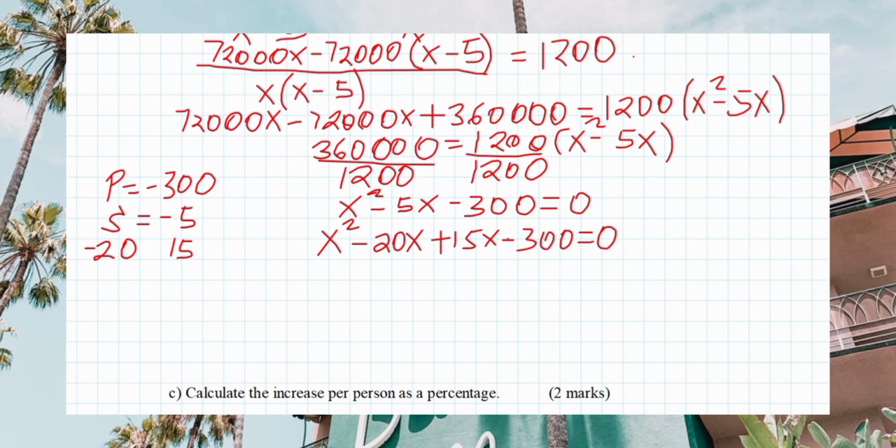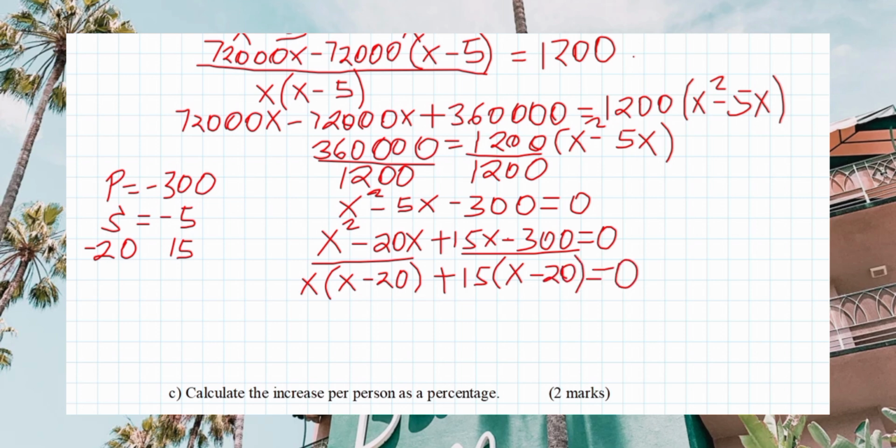Then if you pair them, in the first pair you factor out x, leaving x minus 20, and in the second pair you factor out 15, leaving x minus 20, equal to 0. If you combine the two, you have x plus 15, in brackets x minus 20, equal to 0.